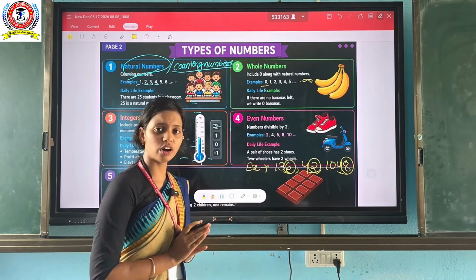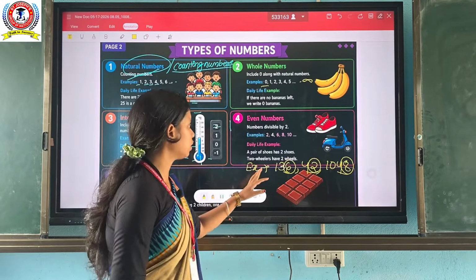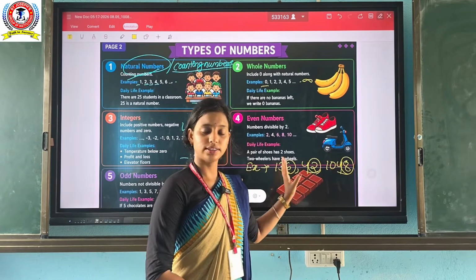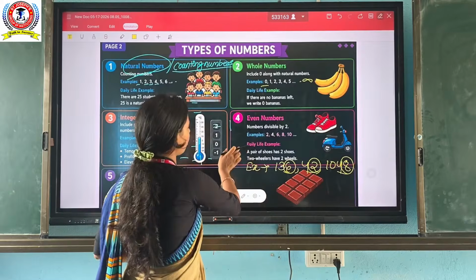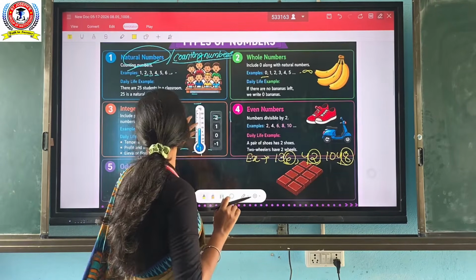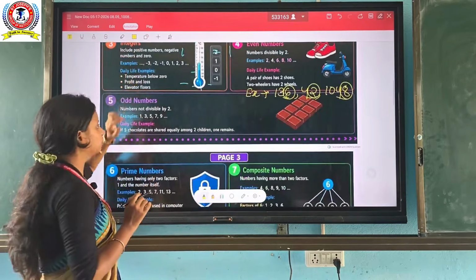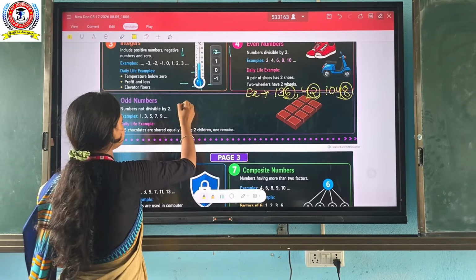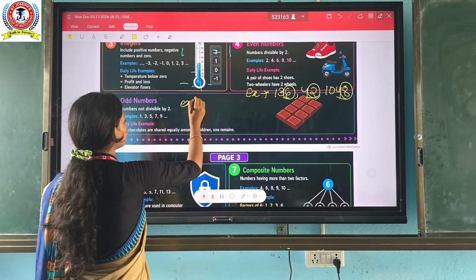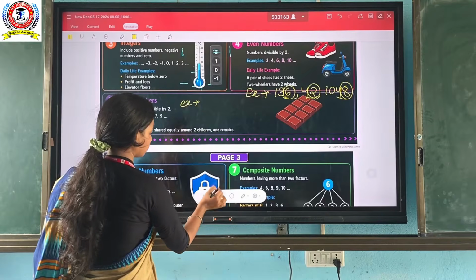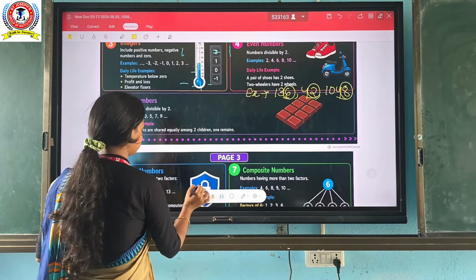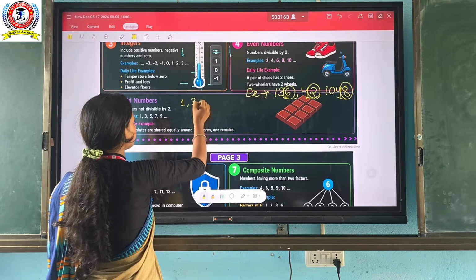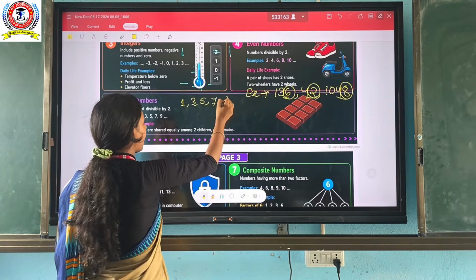Next number type is odd numbers. So what is an odd number? Like the numbers ending with 0, 2, 4, 6, 8 are even numbers, odd numbers are the numbers which end with 1, 3, 5, 7 and 9.